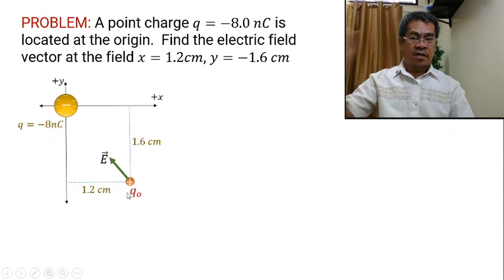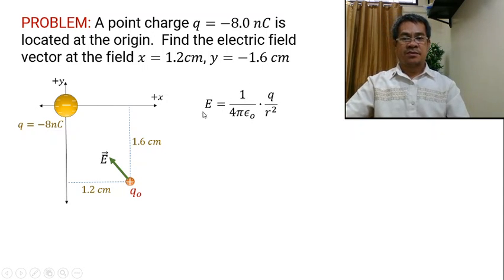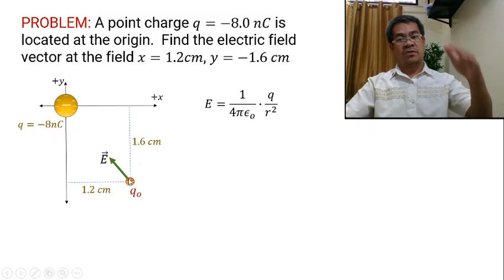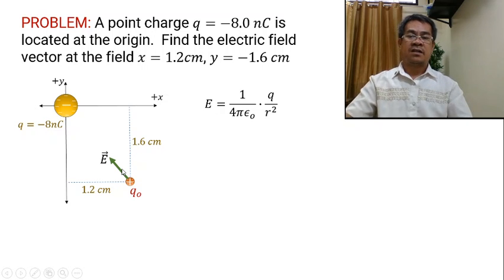Now the first thing to do is to calculate the magnitude. After calculating the magnitude, in order to solve for the vector, you have to multiply by the unit vector. Take note that the unit vector is a vector whose magnitude is 1. So after calculating the magnitude, find the unit vector and multiply them.